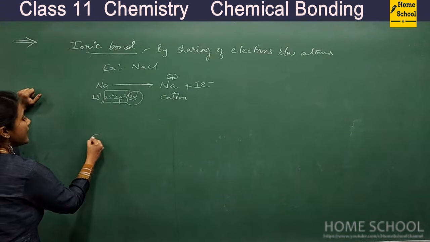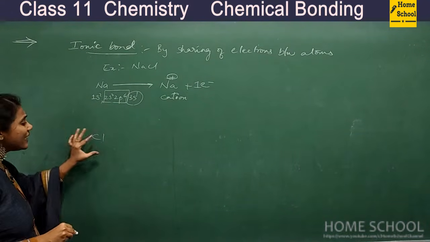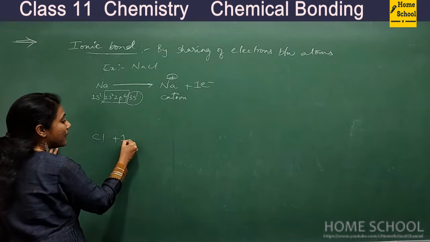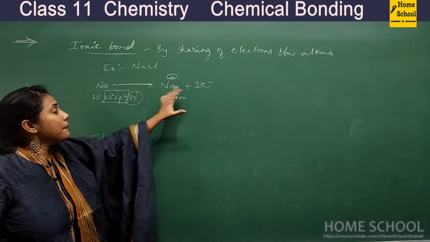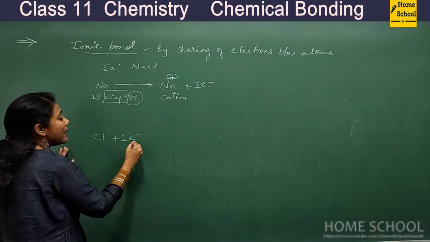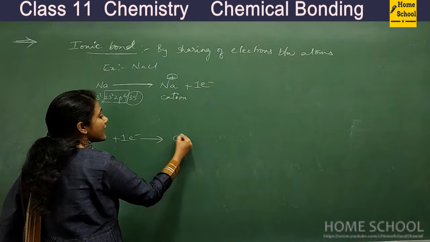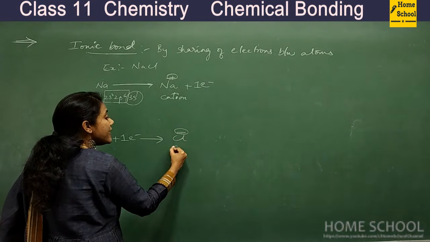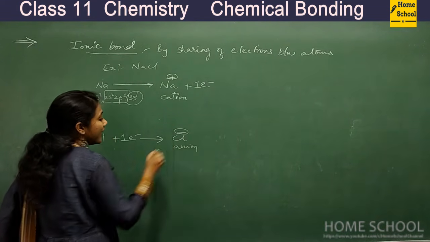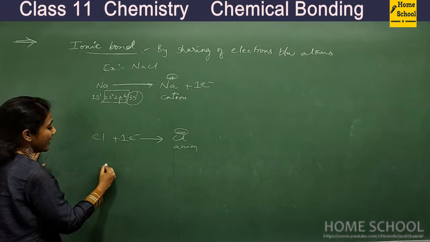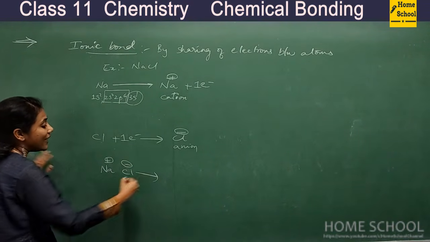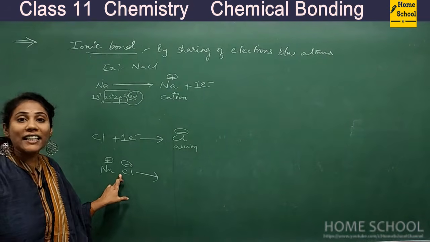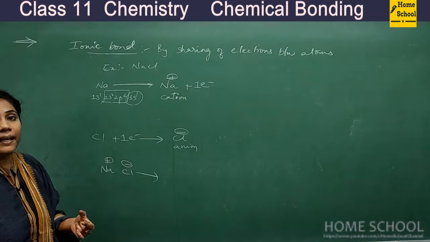And coming to Cl, Cl gets stability by accepting one electron. Cl obeys the octet rule by accepting the electron given by sodium, and this Cl gets converted into a Cl minus anion. Now when Na+ and Cl minus come closer, an electrostatic force of attraction gets created between them.